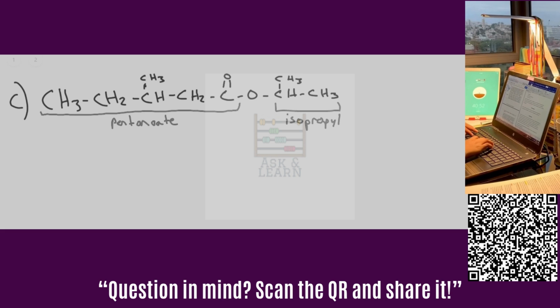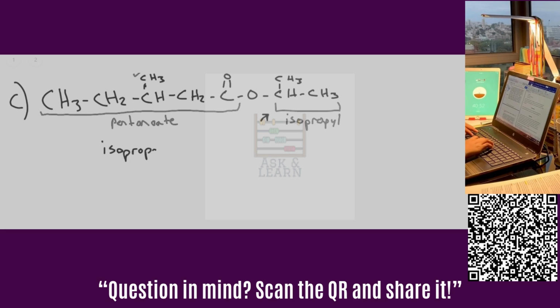So now we have to go ahead and figure out how we're going to account for this substituent. So we're going to go ahead and write in the first group that we would normally write. We normally write in this group here that's connected to the single bonded oxygen. So we put isopropyl.